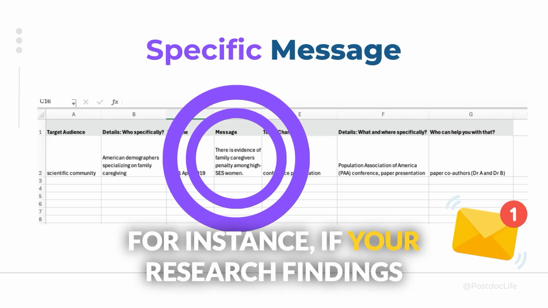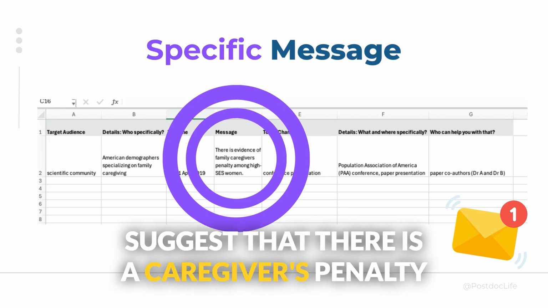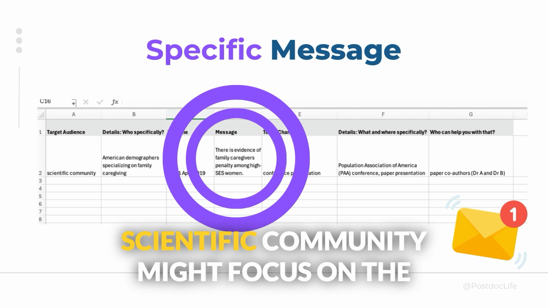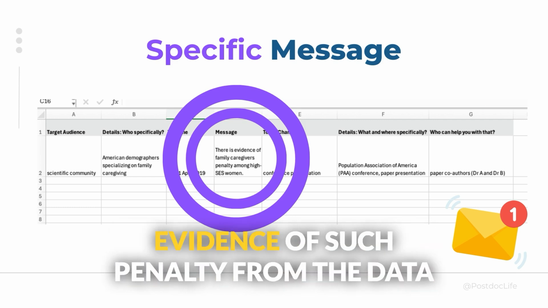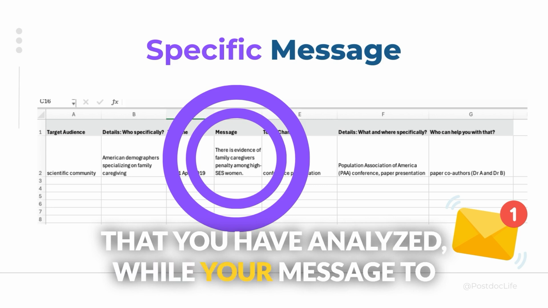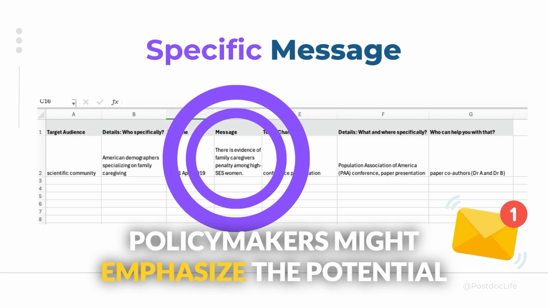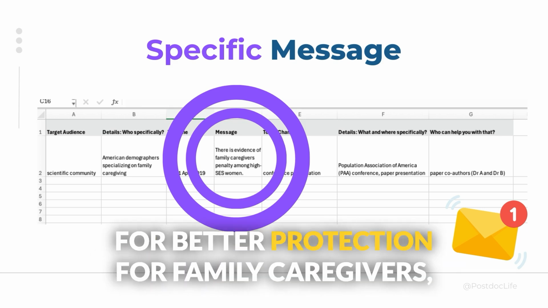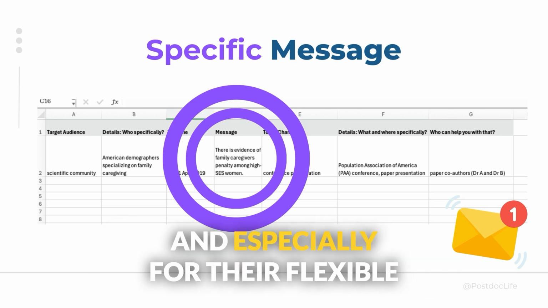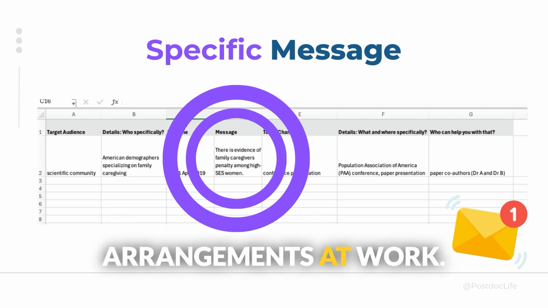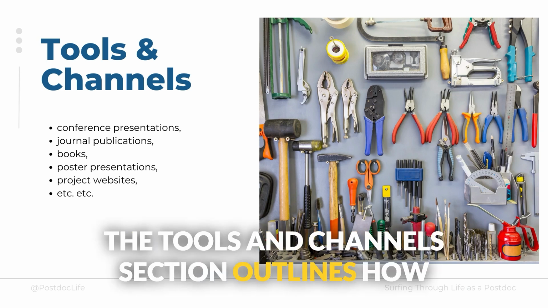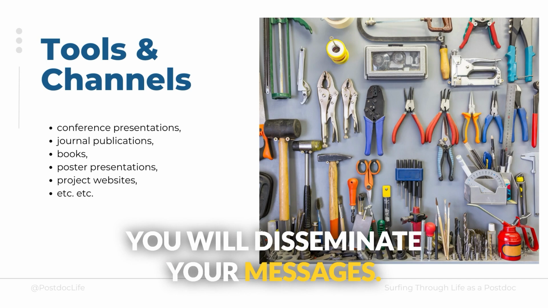For instance, if your research findings suggest that there is a caregiver's penalty among high-sex women, your message to the scientific community might focus on the evidence of such penalty from the data that you have analyzed, while your message to policymakers might emphasize the potential for regulatory change for better protection for family caregivers and especially for their flexible arrangements at work. The Tools and Channels section outlines how you will disseminate your messages.